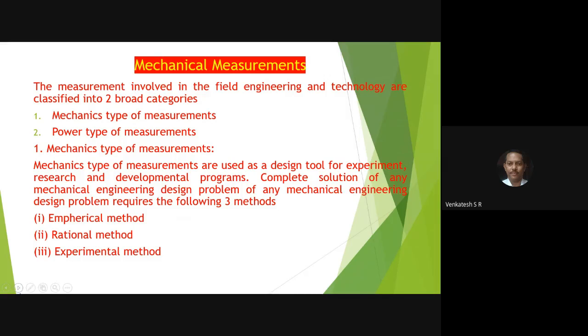Then put a dash for mechanics type of measurement and divide that into 3. Subdivision 1, empirical method. Subdivision 2, rational method. Subdivision 3, experimental method.